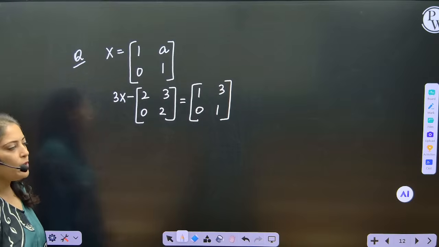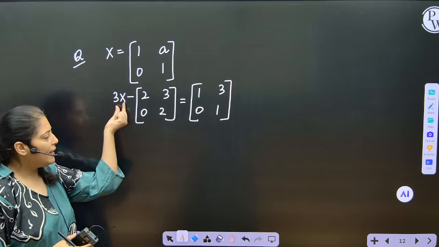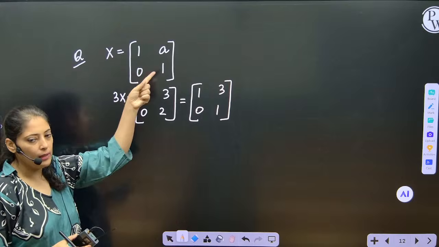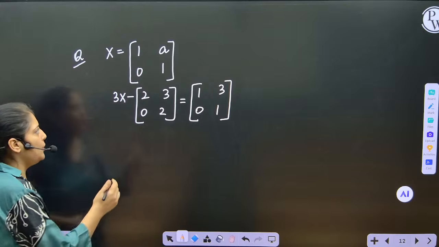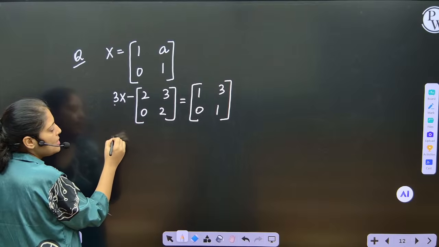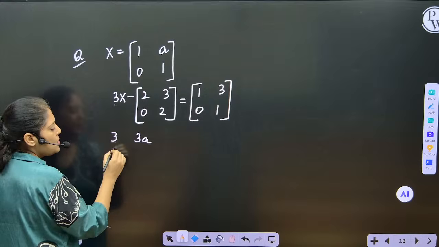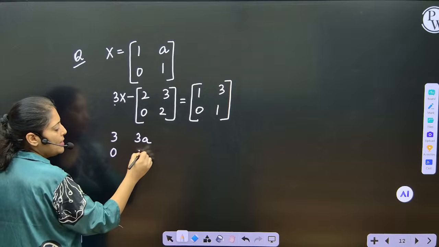Okay, now two things are applicable here. First, I am multiplying a matrix with a scalar 3. Okay, so I'll do that. Now 3 will be multiplied with the full matrix X. 3 ones are 3. 3 into A is 3A. 3 into 0 is 0. 3 into 1 is 3.